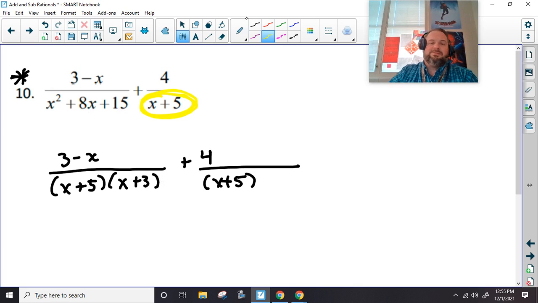What does what we have on the left differ from what we have on the right? Yes, there's no x plus 3, so we've got to multiply it in there.